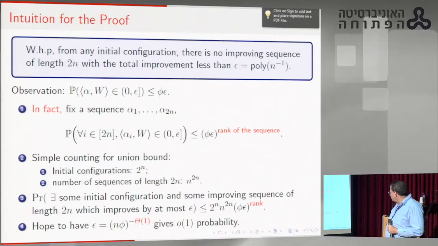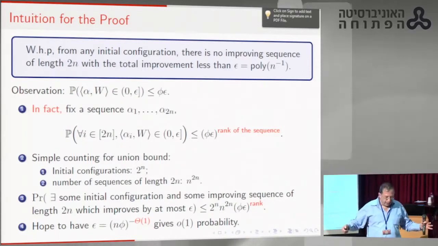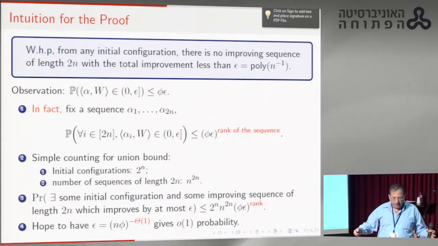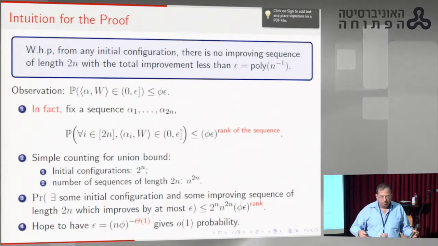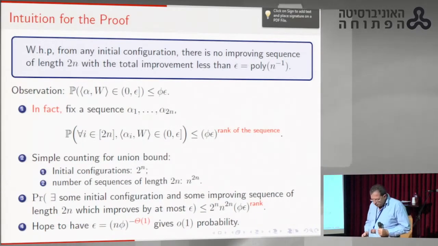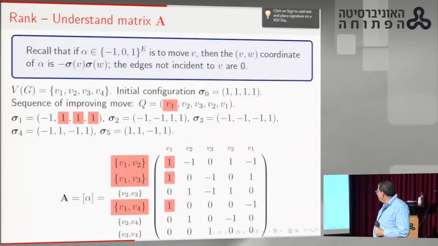So, okay, if we can repeat the same thing with the rank of the sequence, in particular, if you were in a good situation where somehow your block of length 2n had rank of order n, then the same argument from before would work, with slightly different constants. So the problem is, what can we say about the rank?